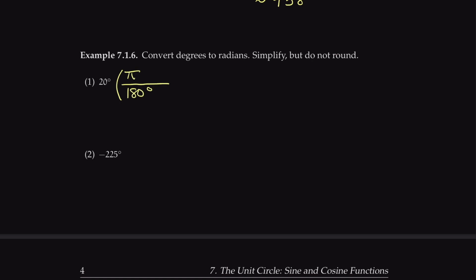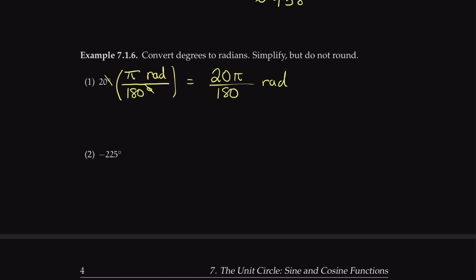That corresponds to pi radians in the numerator. And so we'll be able to cancel just like this, those units of degrees, and we'll have what, 20 pi over 180, and the units here will be radians.